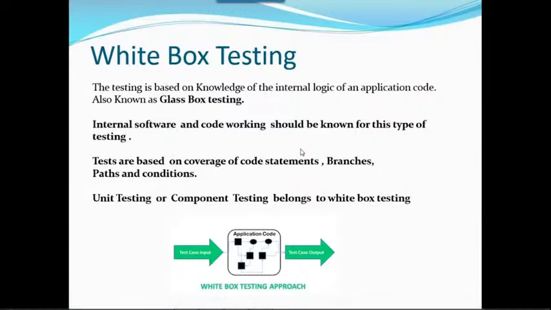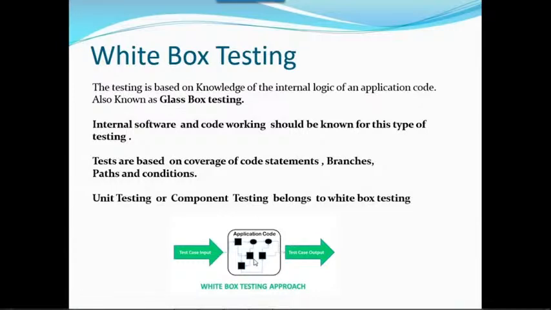So who knows the code and the logic? Generally, the code and logic are known by the developer only. So you can simply say that white box testing is done by the developer, no need to ask anyone. Why do we call it a white box?